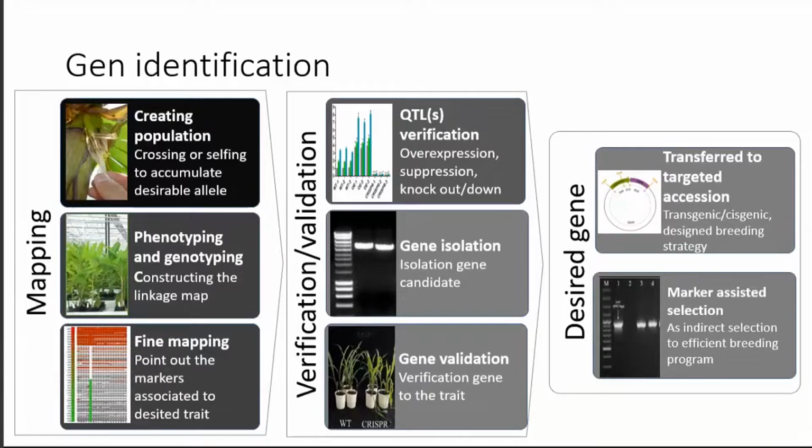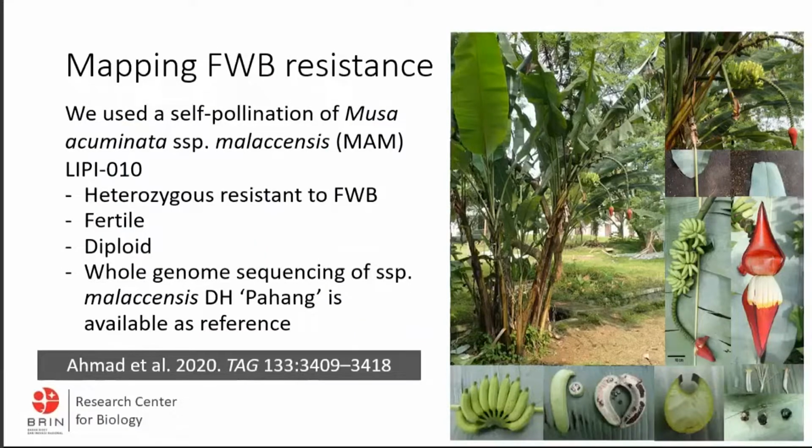In the next slides, I would like to present our work on mapping of Fusarium wilt resistance of banana from an accession of wild Musa acuminata. This is the banana that we use for the mapping, Musa acuminata subspecies malaccensis, accession LIPI 010. This banana is considered heterozygous resistant to Fusarium wilt of banana. So we self this banana to create the segregating population, because it is heterozygous.